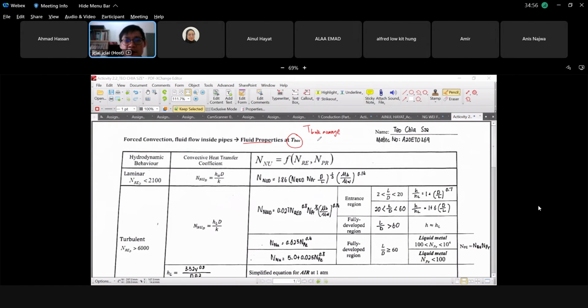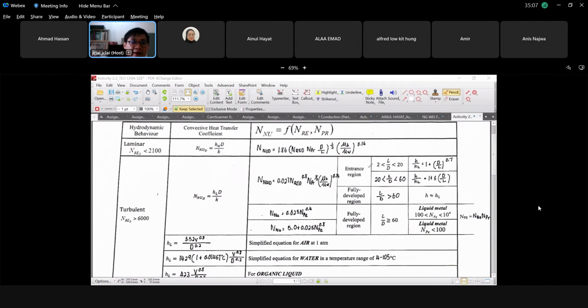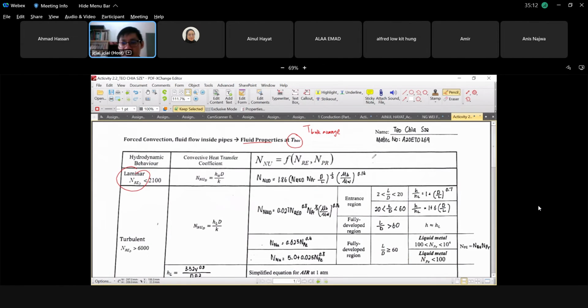This is very important because, for fluid properties, what does it mean by fluid properties? Let me take laminar flow as example. Let's say you have this pipe, then water flows in and flows out.